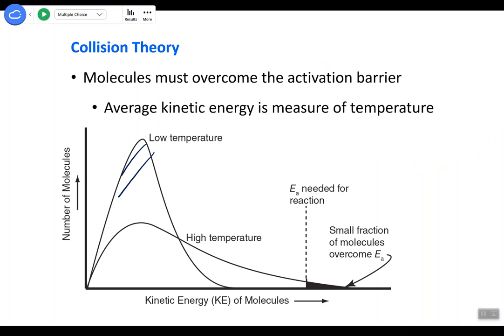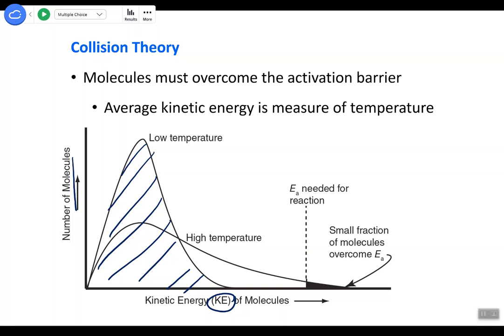Well, molecules at a low temperature, we can plot their kinetic energy as a distribution. If we had, say, 1,000 molecules or 1,000,000 molecules, and we plotted their kinetic energy, some are moving faster, some are moving slower, some have more energy, some have less energy.